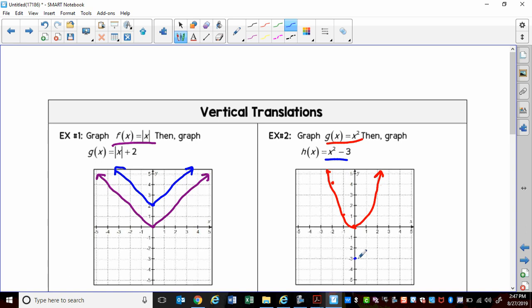So my vertex is right here, still up 1 over 1, and then we went up 1, 2, 3, 4 over 1. So this is what this transformation looks like.